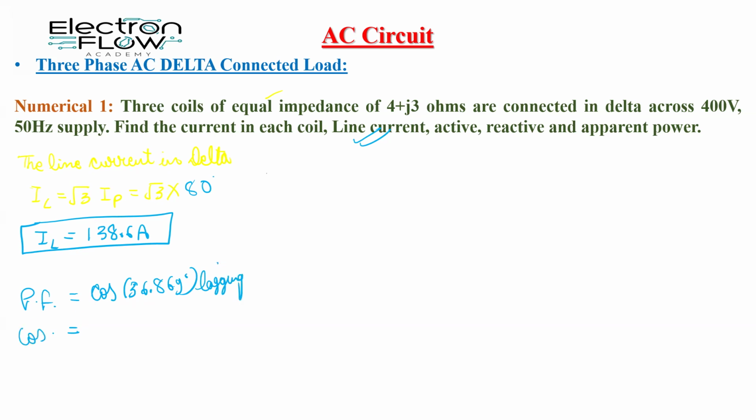So cos phi equals 0.8. Here we can also calculate sine phi, which is sine 36.869 degrees, equal to 0.6. These values will help us calculate the active, reactive, and apparent power. That is the reason I calculated cos phi and sine phi here.